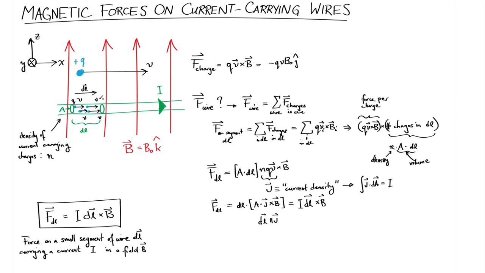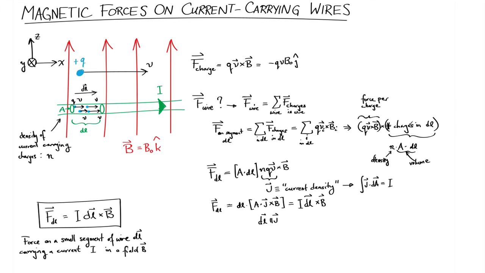So the total force on some little segment of wire is equal to the sum of all the forces acting on all the moving charges in that segment. That's what I started writing down here. The force on some segment of length dl is the sum over all the little charges moving inside of it, qv cross B, summed over all the charges inside.